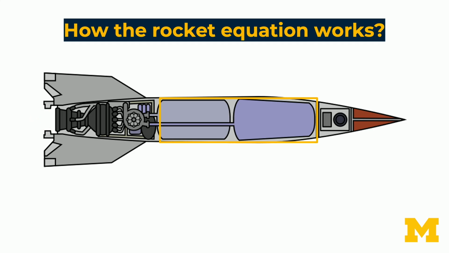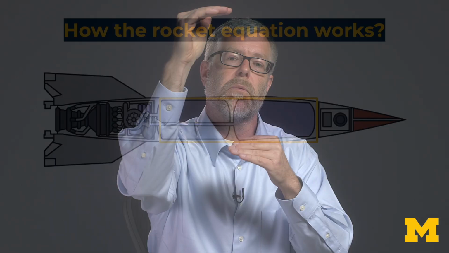So the rocket accelerates faster and faster. And the rocket equation takes that fact that the mass is going down with time, and it takes the ratio between how much mass you start with and how much mass you end with, and it uses that information to calculate the acceleration and the total delta V that you'll actually get from the equation. Okay? It actually is using conservation of momentum to do this.